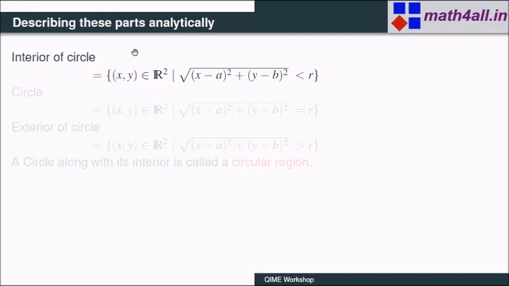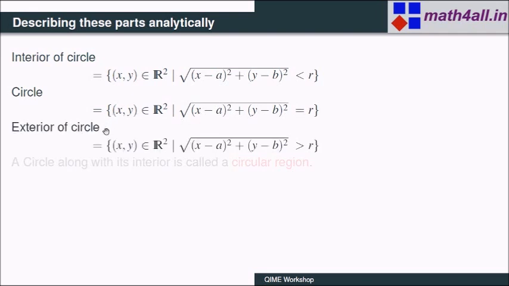This is a mathematical way of verifying whether a point is inside or outside a circle, interior or exterior or on the circle. A circle along with its interior is normally called a circular region. So a circular region is the interior plus the circle itself, right? That is called a circular region.